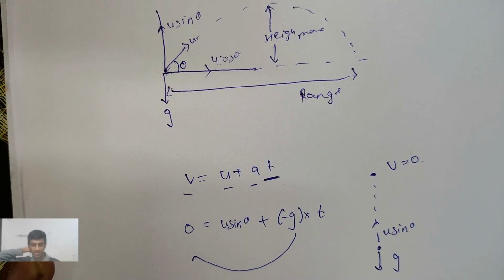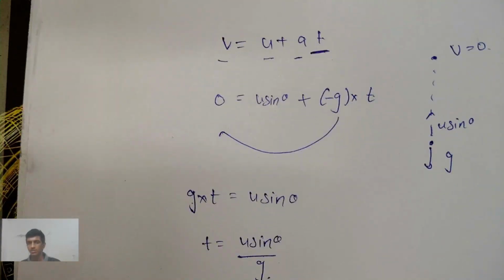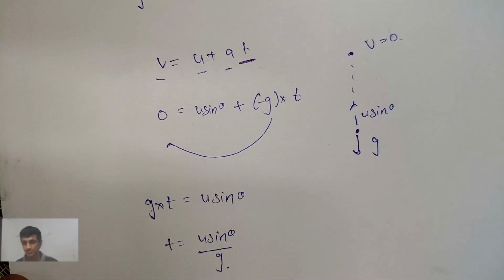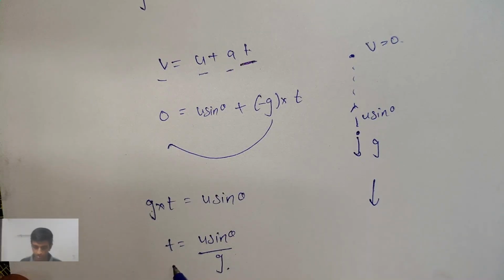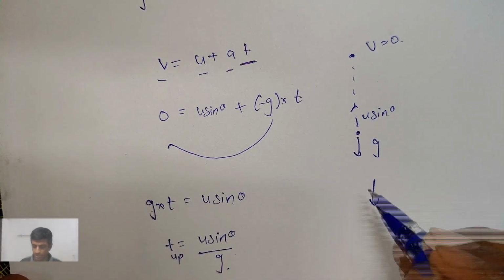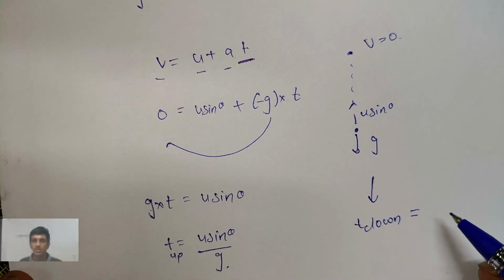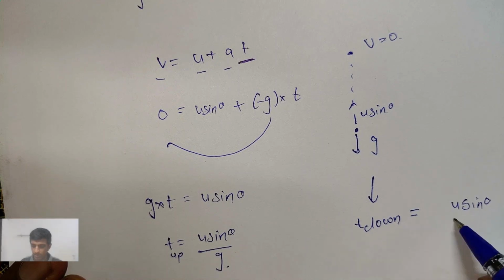Now when there are no losses, we can say that the same time of flight will be there when the object comes down. Say this is time up, so time down will also be equal to u sin theta by g.